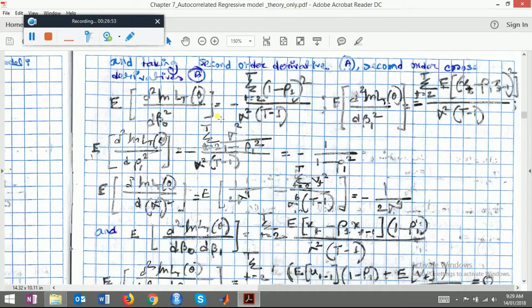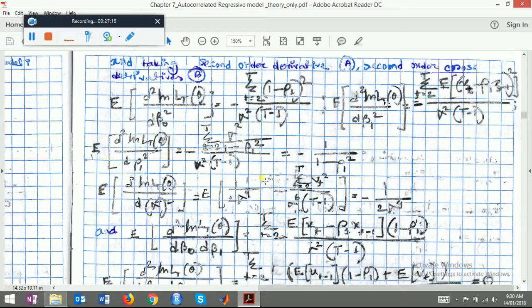In the variance portion, sigma squared, this is again exactly the same as before, 1 by 2 sigma to the power 4 minus v squared divided by sigma to the power 6, t minus s, and v squared is u squared.